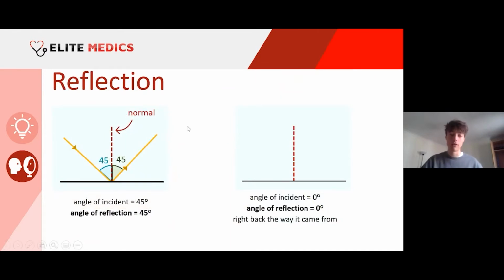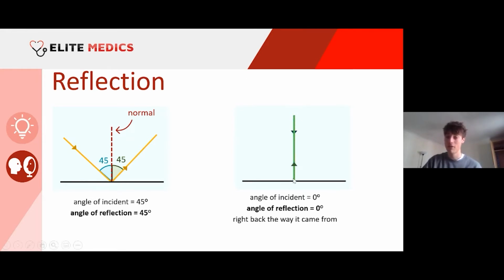So for example, if we have an angle of incidence of 45 degrees, then the angle of reflection will be 45 degrees as well. If I have an angle of incidence of 0 degrees, 0 degrees means it's perpendicular. Remember that we take the angle to the normal. So if it's 0 degrees to the normal, that means it's just parallel to the normal. Well, the angle of reflection will be 0 degrees.